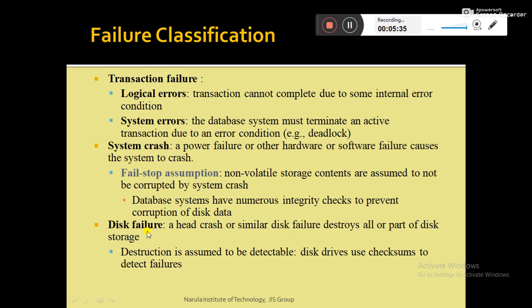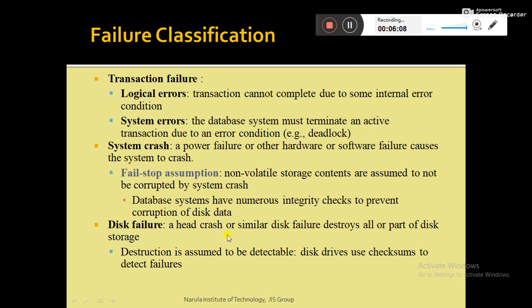So if the head crashes, then disk failure occurs, or a similar disk failure, and this disk failure destroys all or part of the disk storage. And if disk failure occurs, then the non-volatile storage contents suffer. Definitely, if the disk fails, then whatever content the disk has, all data will be affected and deleted.